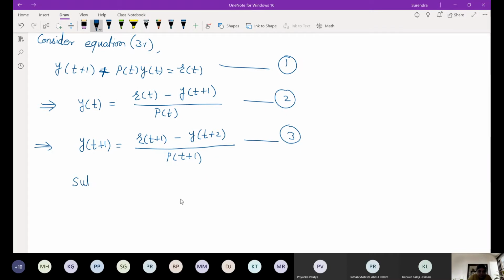Now, if I substitute this value y at t plus 1 in 2, substituting the value of y at t plus 1 from 3 in equation 2, what do we get?